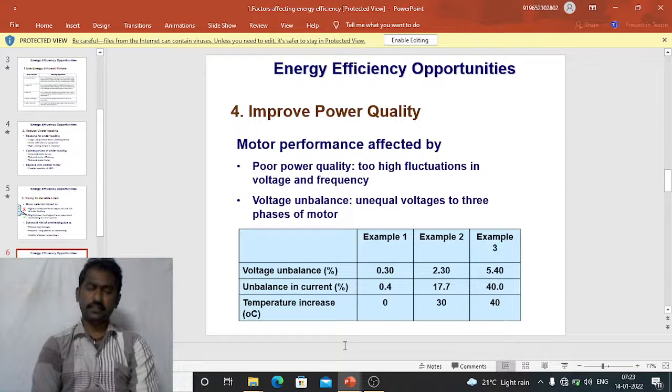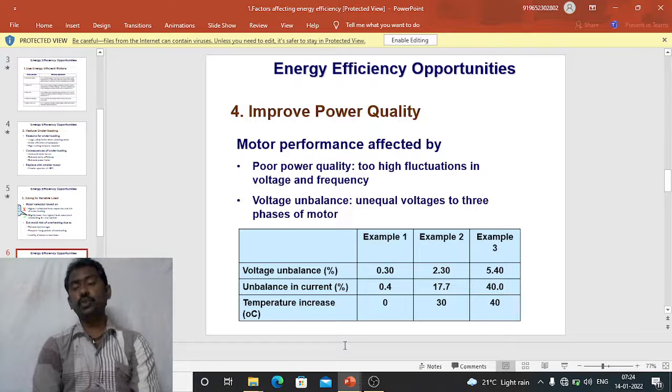And our fourth opportunity for energy efficiency is to improve the power quality. Motor performance is affected by poor power quality: too high fluctuations in the voltage and frequency, and voltage unbalance, that is, unequal voltages to the three phases of the motor. For example, here we have example 1, example 2 and example 3. For example 1, the voltage unbalance is 0.30%, the unbalance in the current is 0.4% and the temperature increase is 0%.